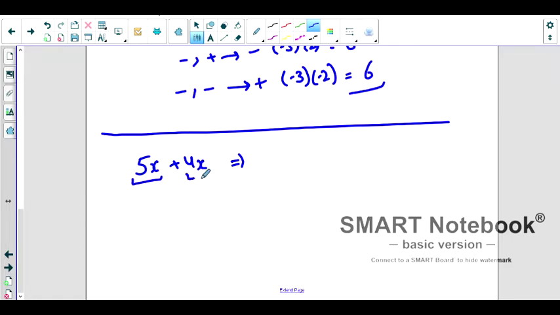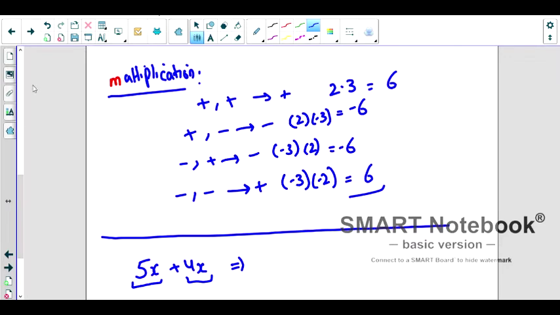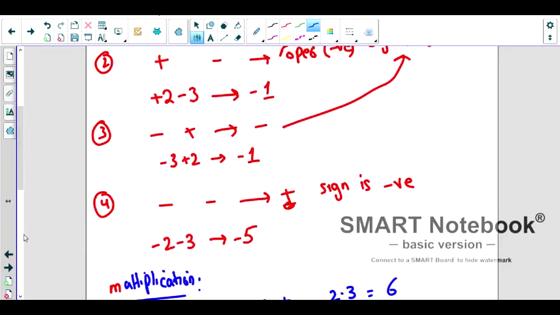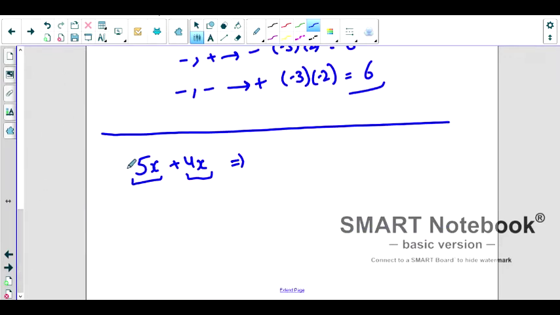How do I know these are like terms? Because the power of the variable is the same. When two terms have the same variable, we say they are like terms. Now we can add their constants, and to add the constants we use the rules which we studied here. We follow the same rules. Here this is plus 5, here it is plus 4, so the answer will be 9x. How did I do it? I just added the constants, following the rules.